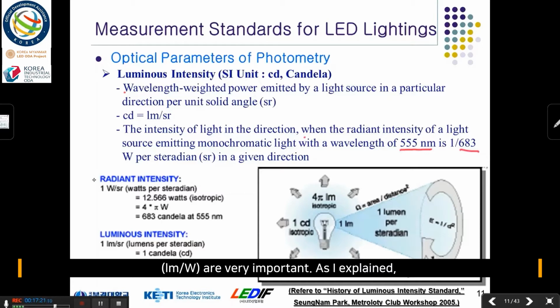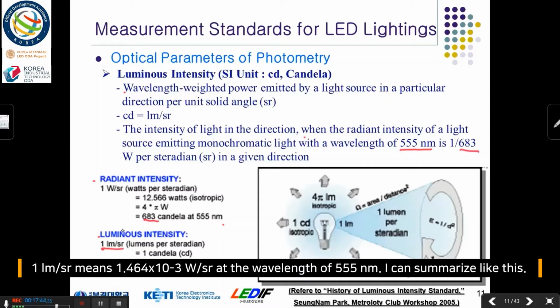As I explained, radiant intensity 1 watt per square radian means 683 candela at the wavelength of 555 nanometer. Therefore, luminous intensity of 1 lumen per square radian means 1.464 multiplied by 10 to the power minus 3 watts per radian at 555 nanometer.